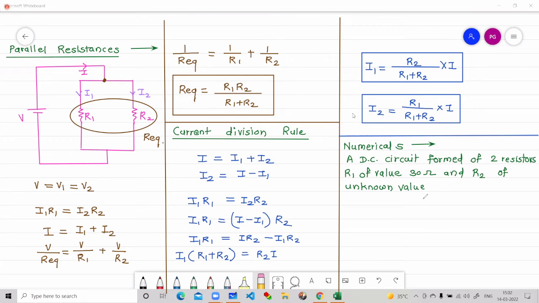Then how are R1 and R2 connected? It's given that R1 and R2 are connected in parallel.